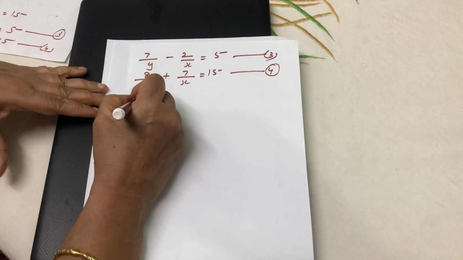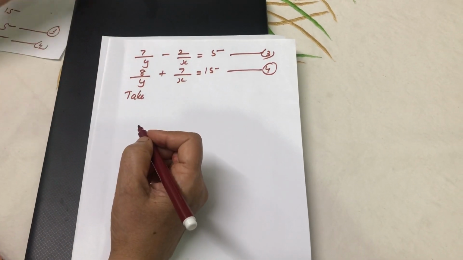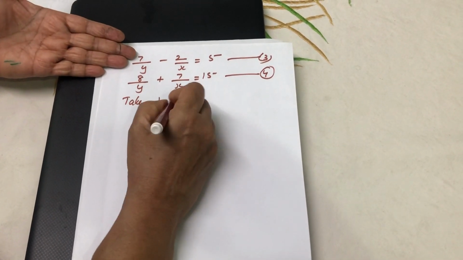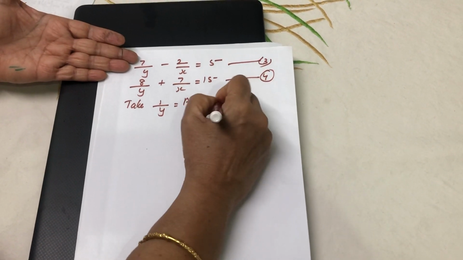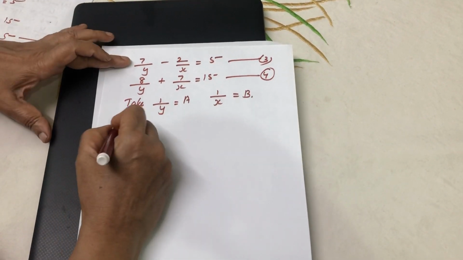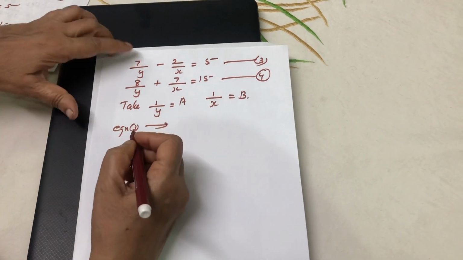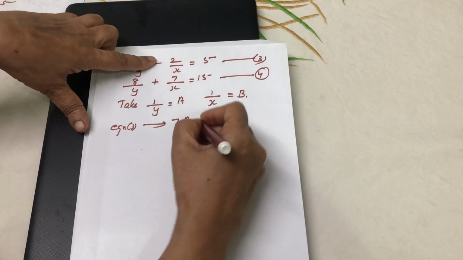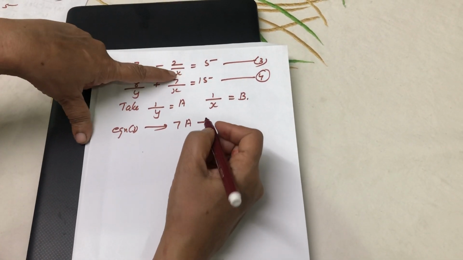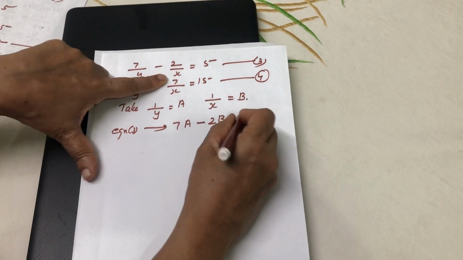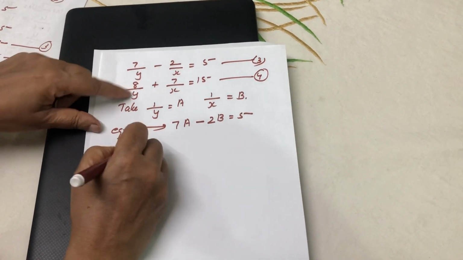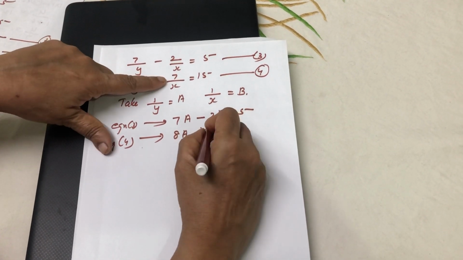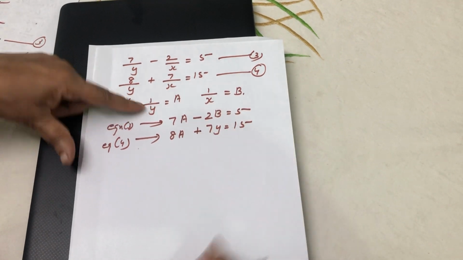You have to take 1 by y as capital A and 1 by x as capital B. Then equation 3 becomes 7 by y, that is 7A, minus 2 by x, 1 by x is B, minus 2B equal to 5. Then equation 4: 8 by y, 8A, plus 7B is equal to 15.